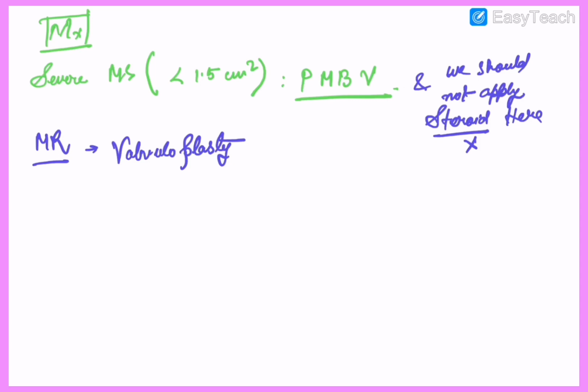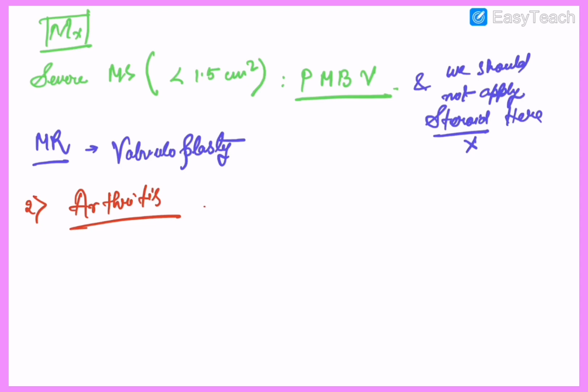Coming to the second part, arthritis, number 2. After carditis, we come to the arthritis part. What are the earliest manifestations?